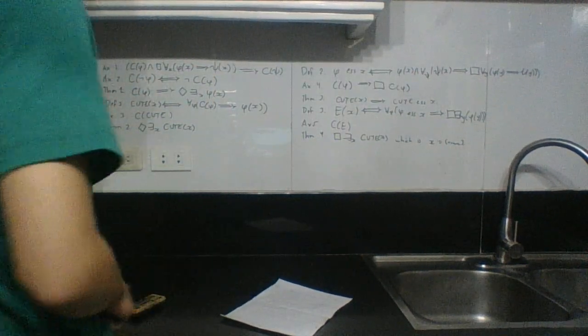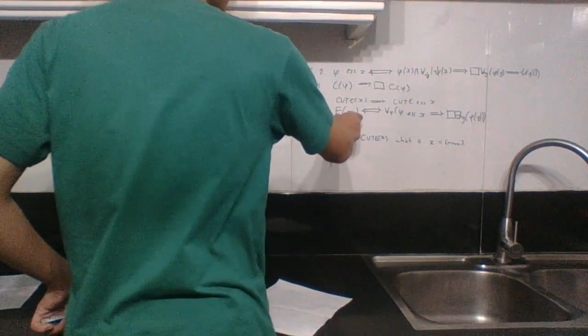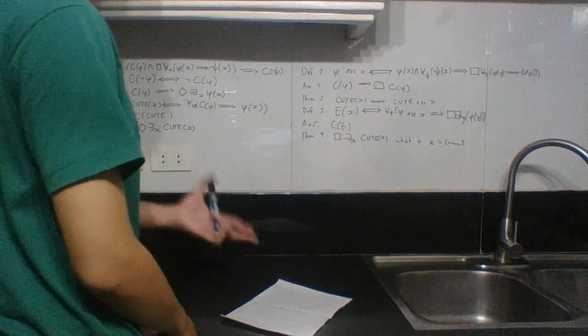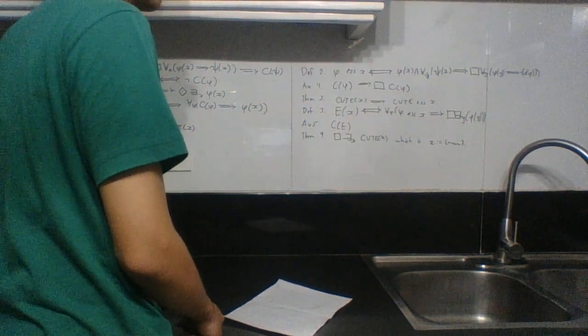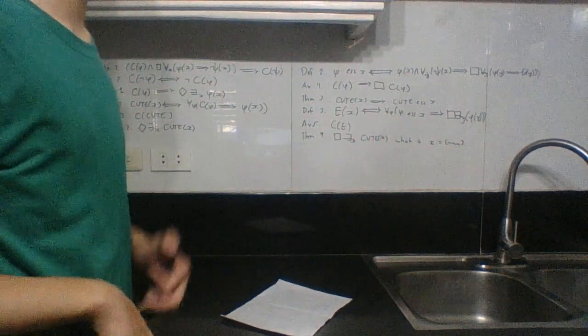So let me summarize what I just said. If I have a property of an object, such as indispensability, we read this as x is indispensable. If I have something like φ over here, which is another property but not indispensability, we say that x has that property.